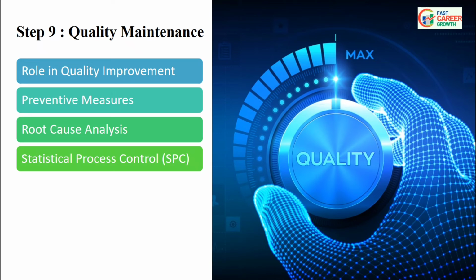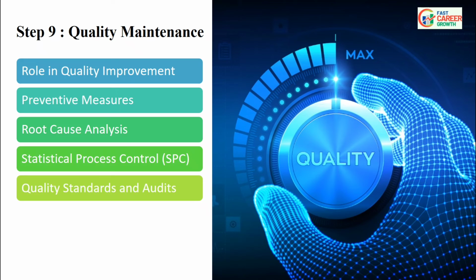Highlight how SPC helps in detecting variations and deviations from the desired quality standards. Quality standards and audits. Mention the importance of adhering to quality standards and conducting regular audits to ensure compliance. Stress that these activities are critical for continuous improvement in product quality.